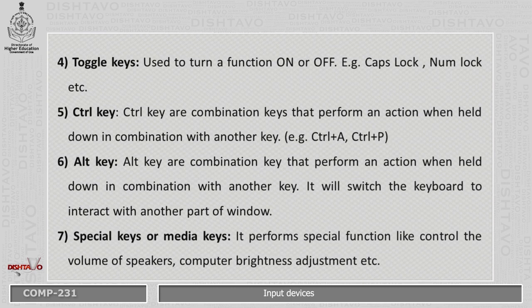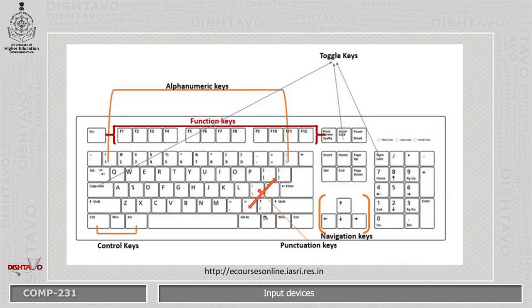Next, special keys or media keys perform special functions like volume control of the speaker, computer brightness adjustment, etc. So these are the different keys: this is an alphanumeric key, these are toggle keys like num lock and caps lock, control keys, and navigation keys or arrow keys.